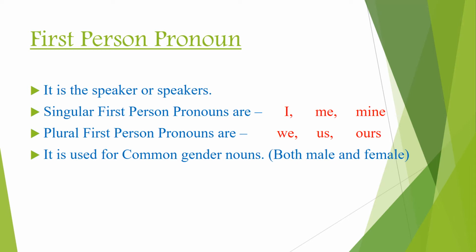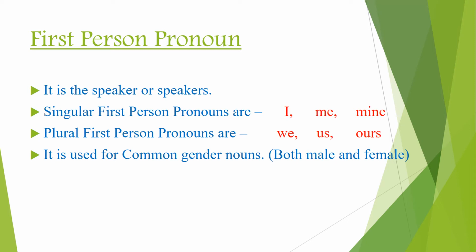The first person plural pronouns are we, us, and ours. So when there are first person speakers, more than one, and they are currently speaking, they can use for themselves as first person pronouns, we, us, and ours.